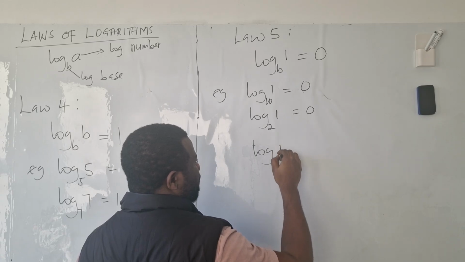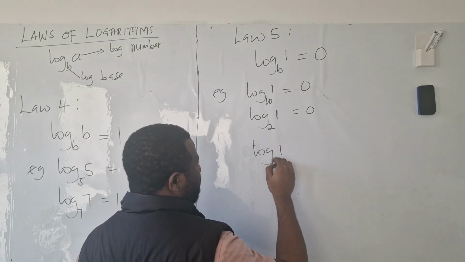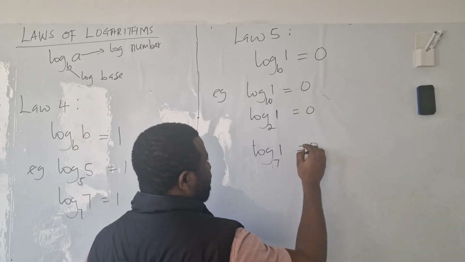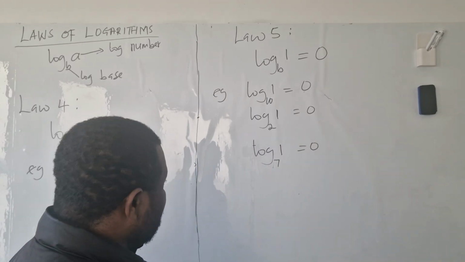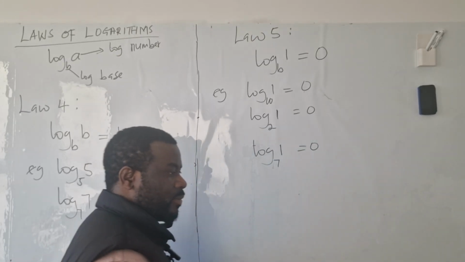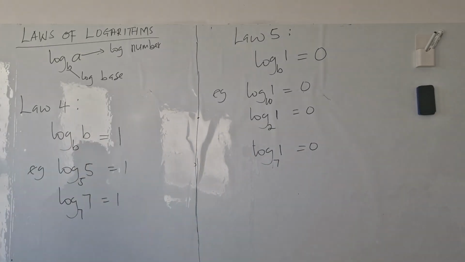Log 1 base 7, the answer is 0. So log 1 to any base, the answer will always give you 0. So these are the basic laws that we have in log. And with your understanding of these laws, it should be easy for you to do any logarithm question.